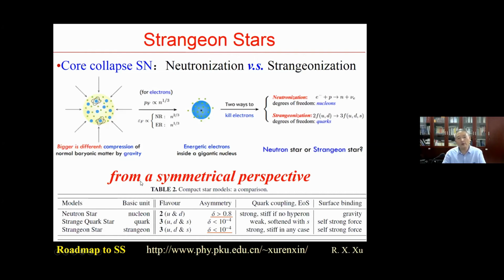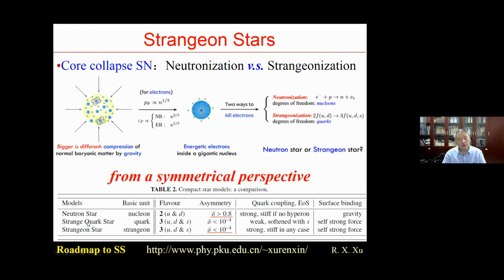And from a symmetry perspective, you can see a neutron star is two-flavor, but very asymmetric in the two flavors of quarks. The dimensionless asymmetry value delta could be higher than 0.5, even 0.8.